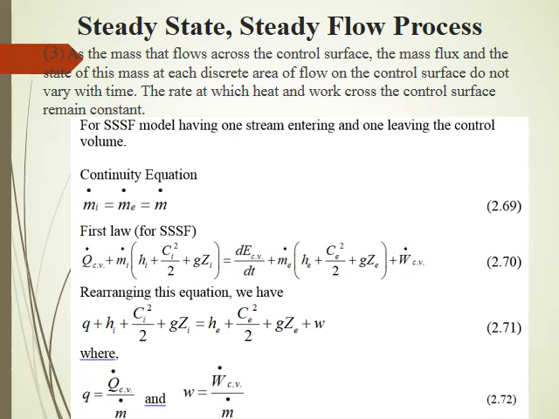It means the mass stream entering or leaving the control surface through some discrete areas has every particle with uniform properties that do not vary with time, whether it is mass flux, specific volume, velocity, or enthalpy.